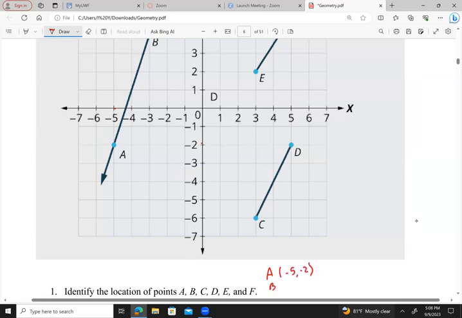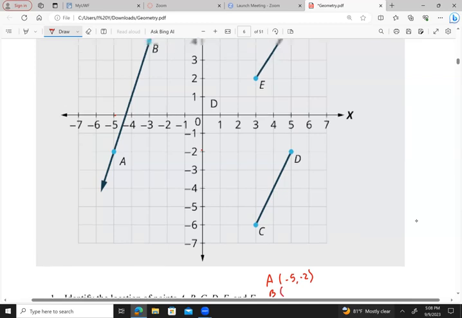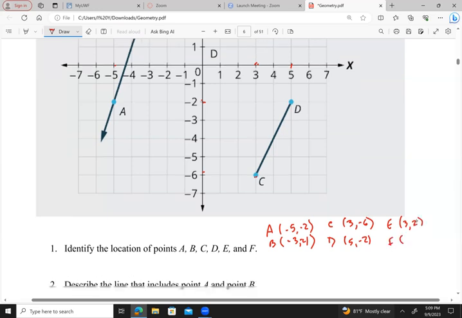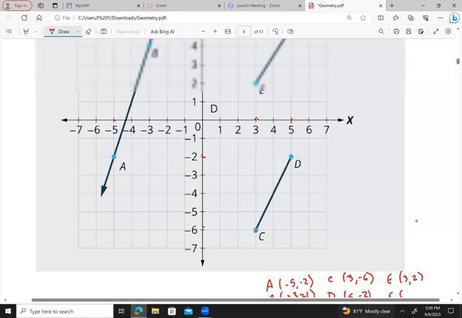Point B at 4, C 3, -6, D 5 and -2, and E is 3 and 2, and F and 5.